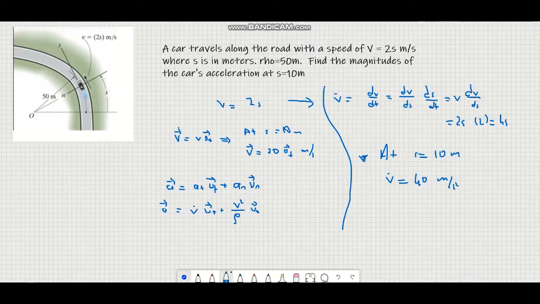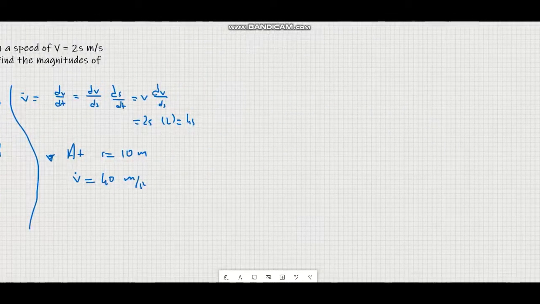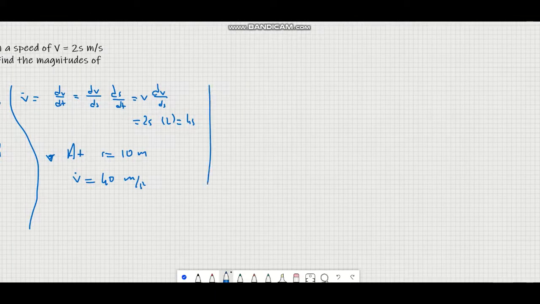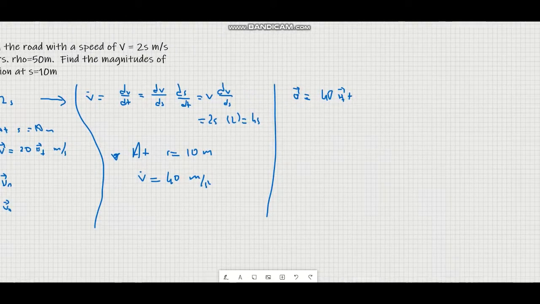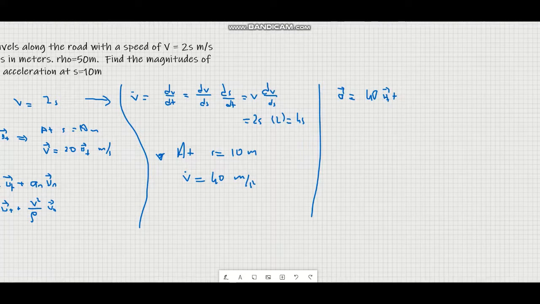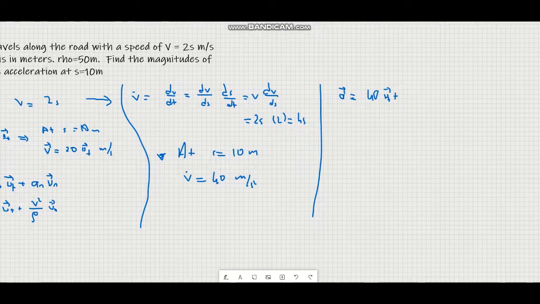All right, so I will add them together. The acceleration is, I know that the velocity's first derivative is going to be 40 in the unit tangent direction, plus v square, where v is 20, the velocity at s equal to 10.